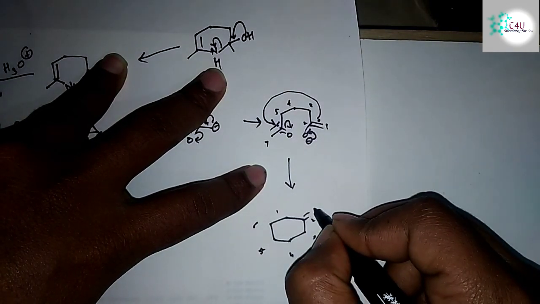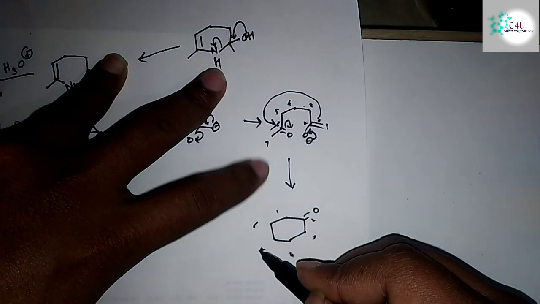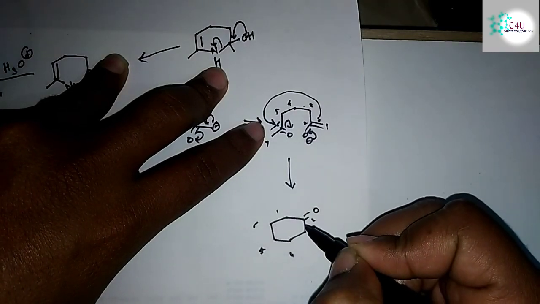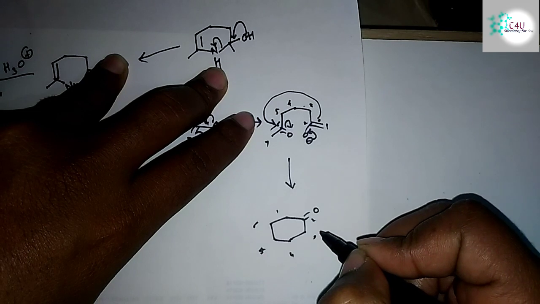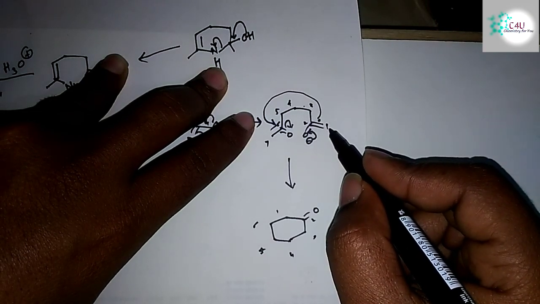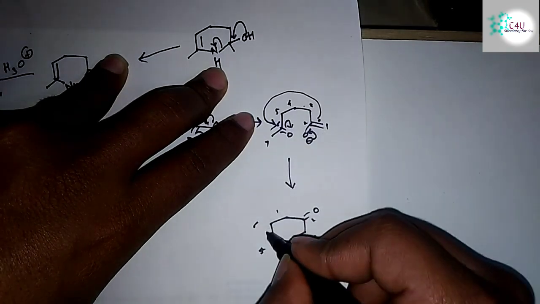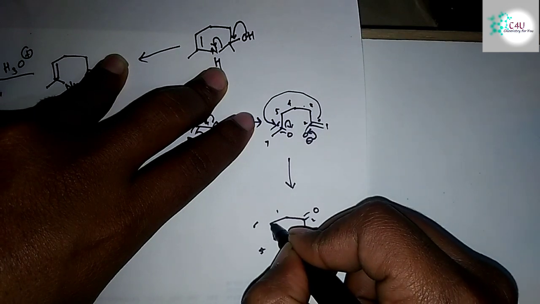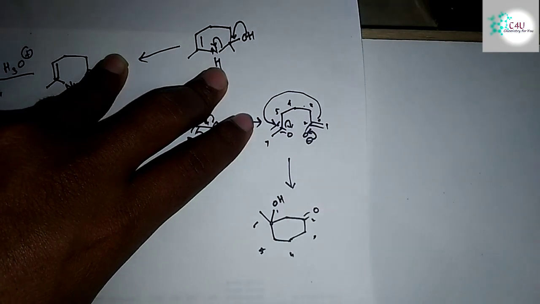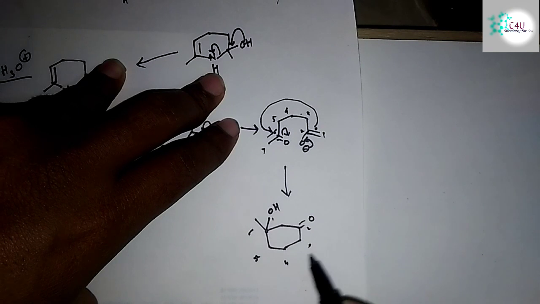Second carbon has one carbon. 3, 4 and 5 go, then the 6 carbon has one methyl and one OH, right? So we are there.